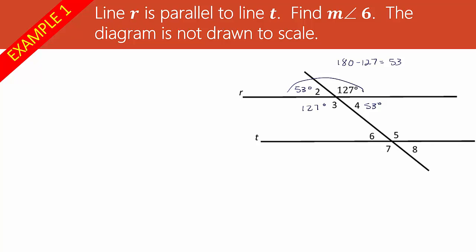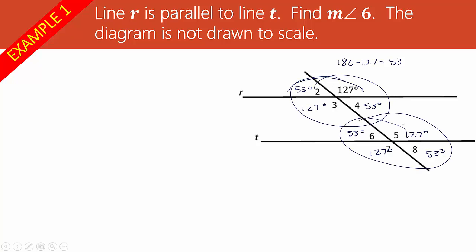This is 127. And then if we go down here, remember, same side interior, those are supplementary. So this is going to be 53 degrees, 127. So it's going to follow the same pattern here and here.